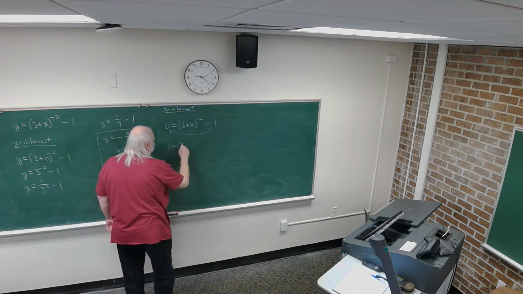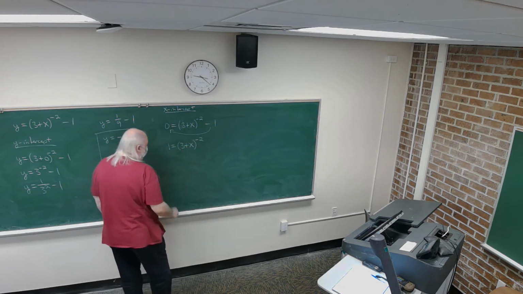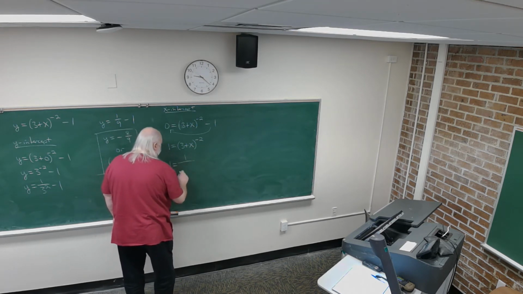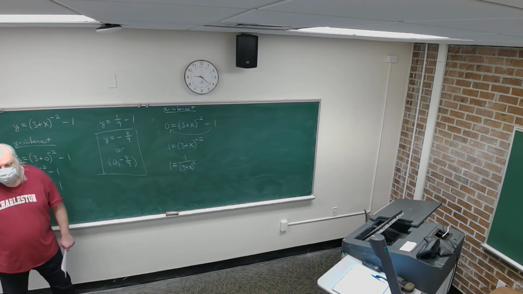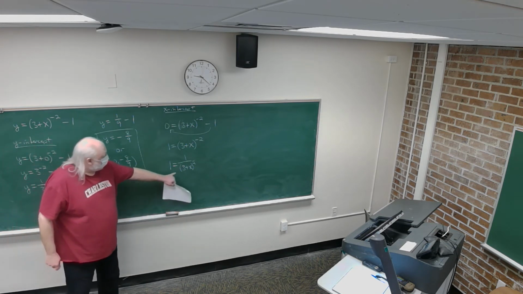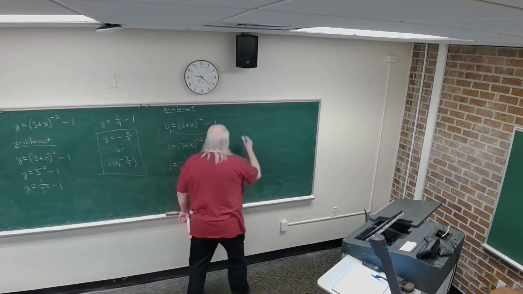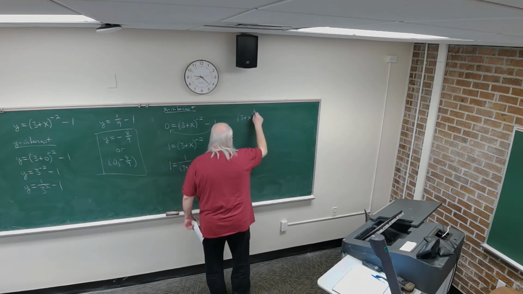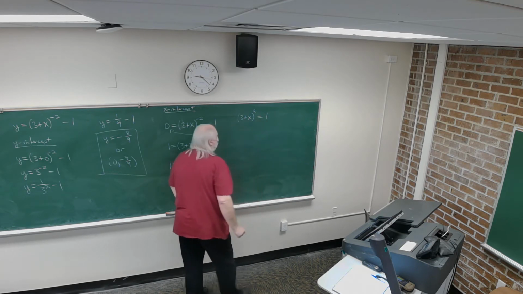You get 1 is equal to 3 plus x to the minus 2. Well, 3 plus x to the minus 2 is 1 over 3 plus x squared. And now we multiply both sides by 3 plus x squared. And we get 3 plus 1 times 3 plus x squared is 3 plus x squared. And on the right-hand side, we have 1.